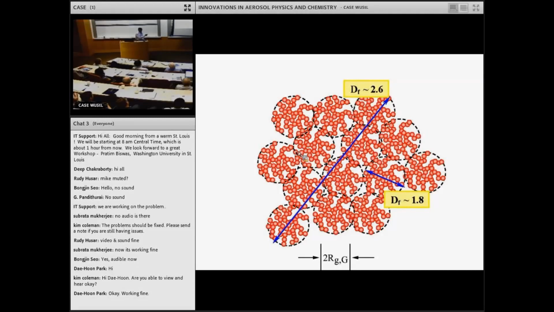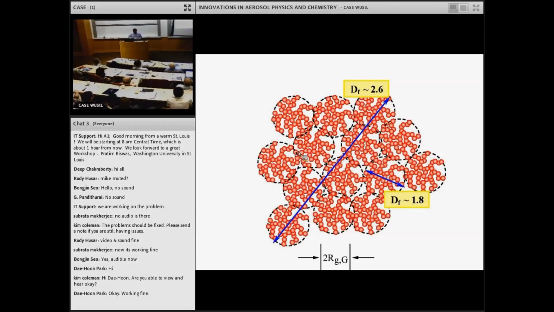So this is a hybrid structure. This is not a uniform 1.8, and you can actually figure out what this crossover is going to be. You can have a simple model for it, and when you do simulations, you can see that the crossover takes place within a factor of 2 of that estimate.